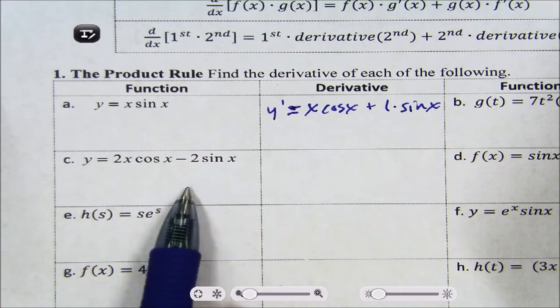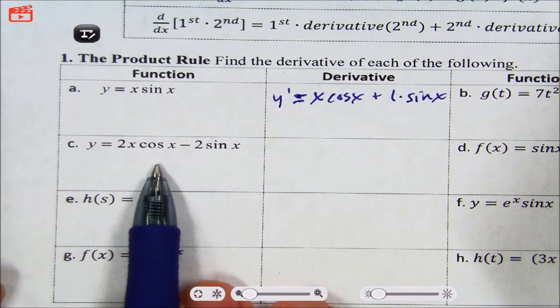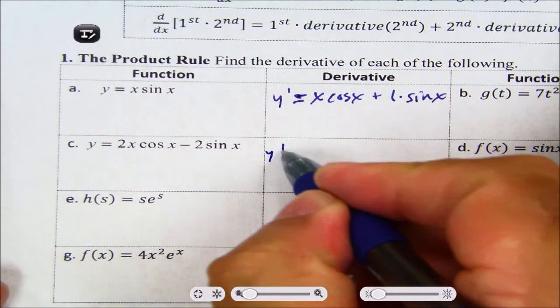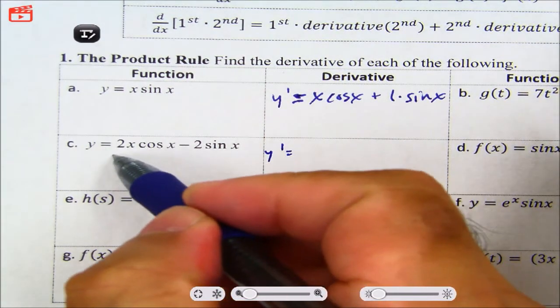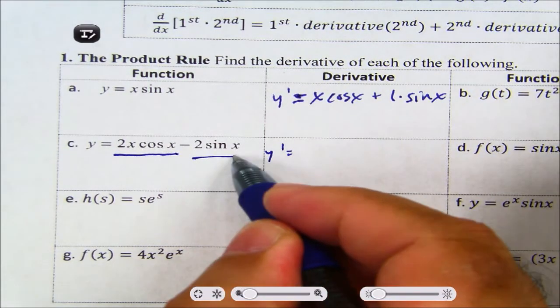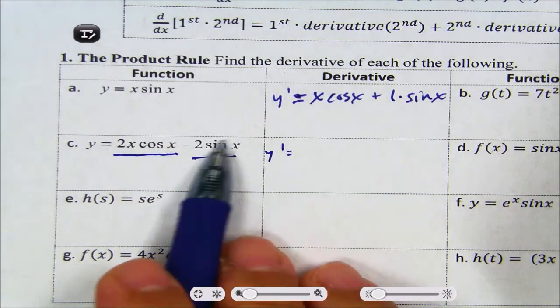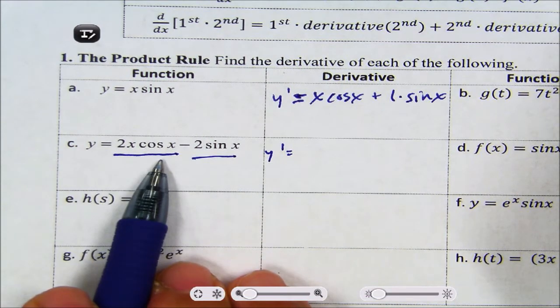How about I do the problem? All right. Okay, so I'm doing C. So when I take the derivative, now there is a product here, 2x cosine x, right? But there is no product here. So 2 sine x does not require the product rule, while 2x cosine x does require the product rule.